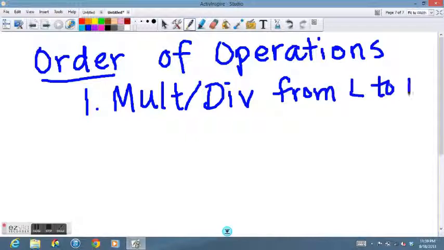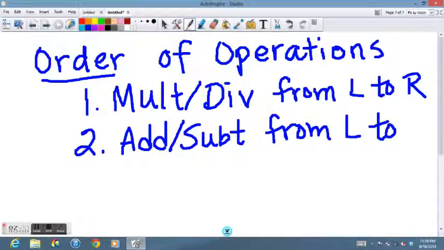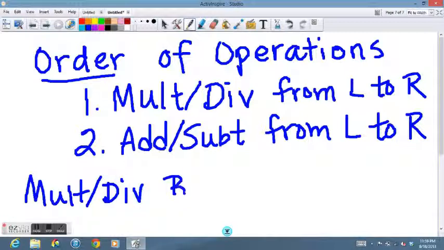Alright, and then after you've done all your multiplication and division, then you can do your addition or your subtraction, also from left to right. Okay, so basically the order of operations just says you must do all your multiplication and division before addition and subtraction.